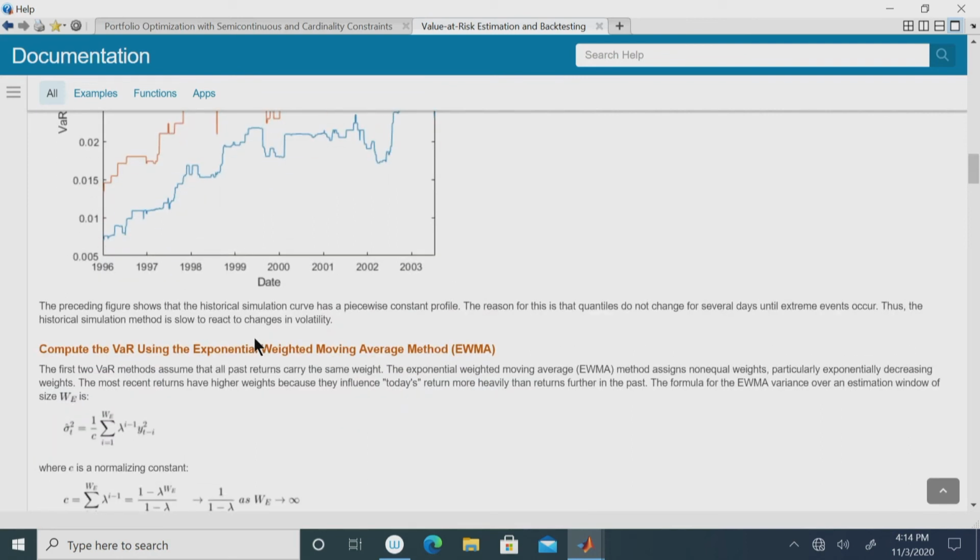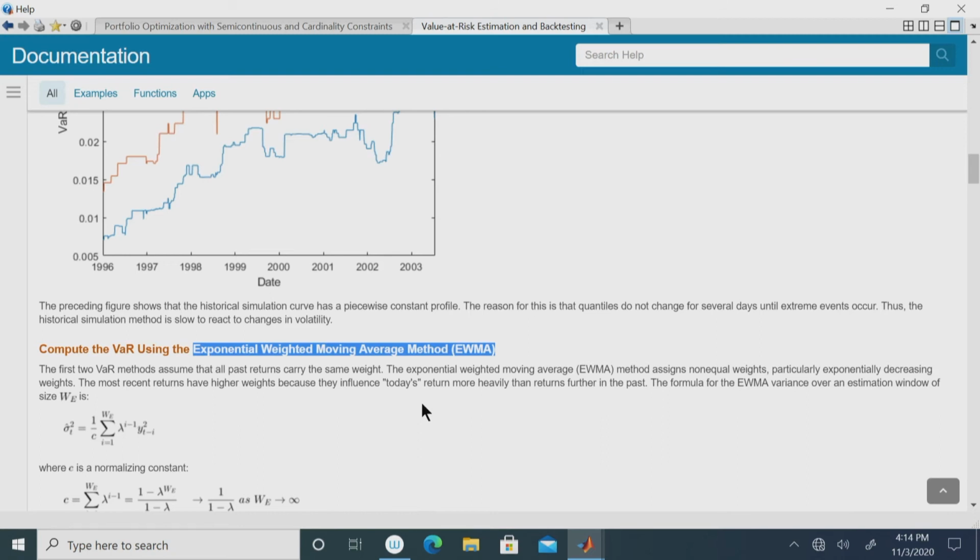So, now we come to the computing of VaR, the last approach. We will make use of this method which is known as the exponentially weighted moving average method, which is commonly known as EWMA.